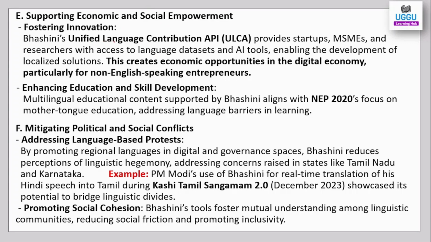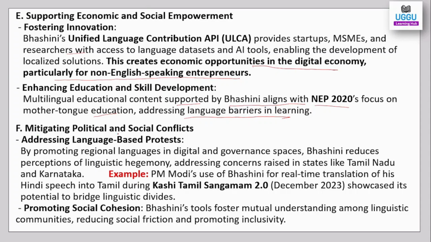The Bhashini Unified Language Contribution API, ULCA, provides startups, MSMEs and researchers with access to language datasets and AI tools, enabling the development of local solutions. This creates economic opportunity in the digital economy, particularly for non-English and non-Hindi-speaking entrepreneurs. Enhancing education and skill development: multilingual educational content supported by Bhashini aligns with the National Education Policy 2020's focus on mother tongue education, addressing language barriers in learning.